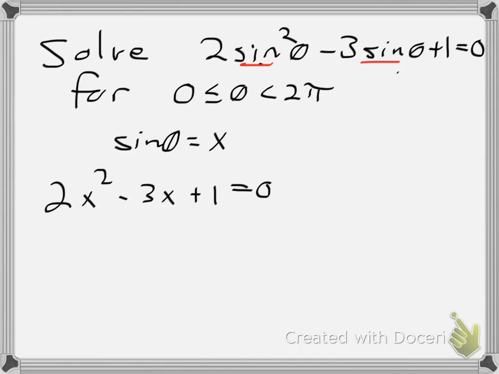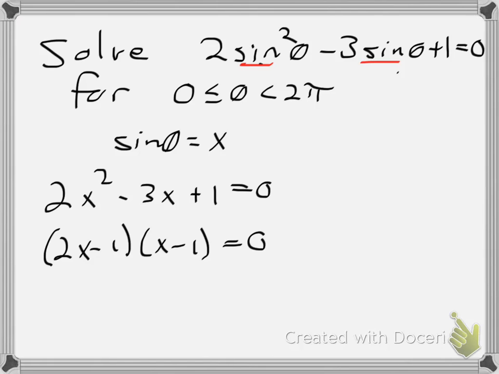So essentially I can solve this by quadratic formula, completing the square, or factoring. And usually factoring is what we want to try to do first, because it makes it go a lot smoother. This becomes 2x minus 1 and x minus 1 when I factor.